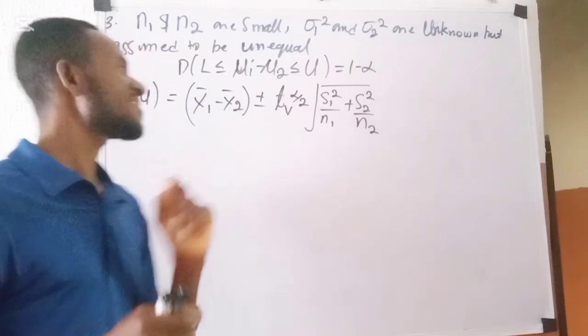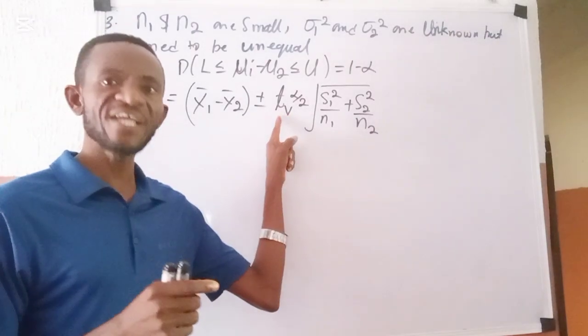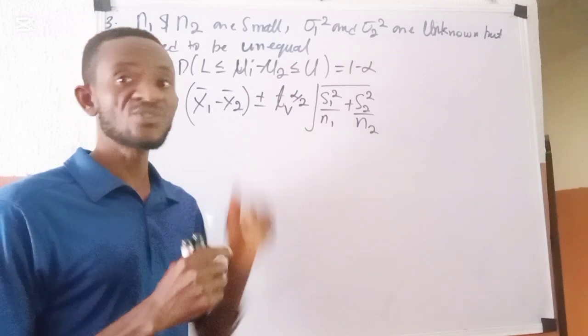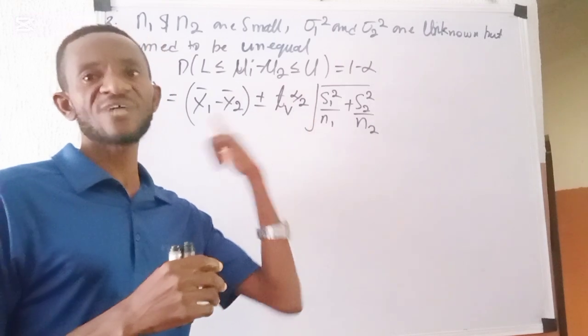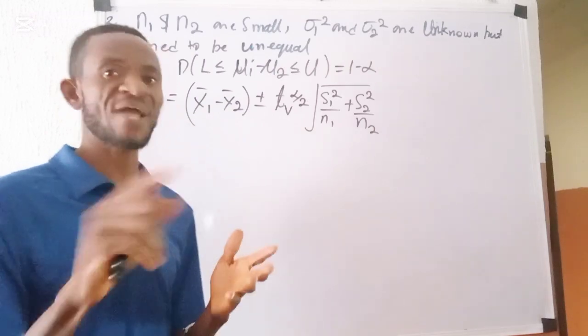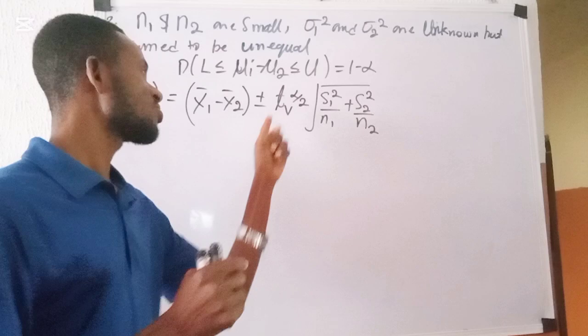The only thing challenging here is that there is v here, and this v is still called the degrees of freedom. But we need to estimate these degrees of freedom. It's not going to be as we saw in the third condition, which was simply n1 plus n2 minus 2. We are going to estimate it.